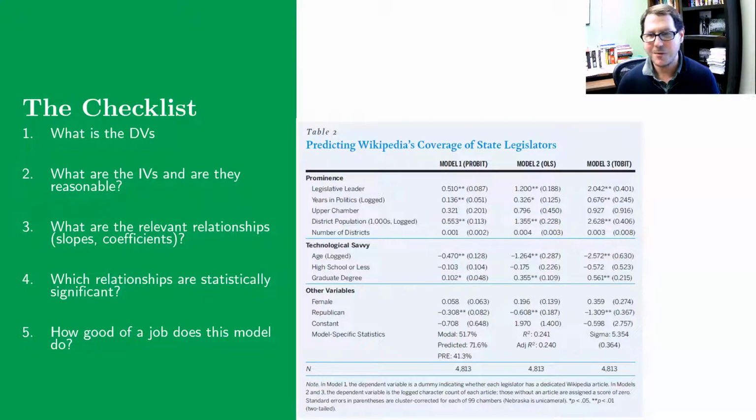And so if I'm in column 2 and I go to the bottom there, the R-square value is 0.241. I am able to explain 24.1% of the variation in character counts, logged variation, I guess, using this model. So I'm explaining some, but there's actually still a lot left that I'm not able to explain.